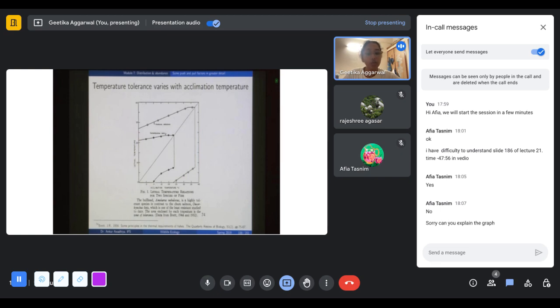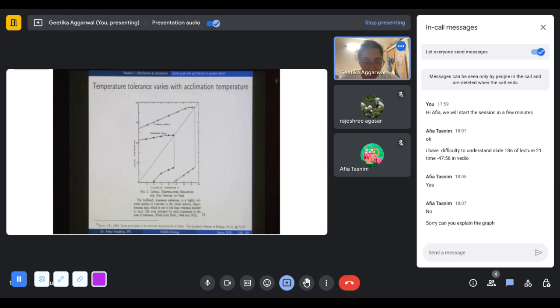So what this graph is showing is that a species which has low acclimation temperatures consequently has low lethal temperatures. And if the acclimation temperature of that particular species, or the tolerable temperature, is high, the lethal temperature is also high. So it is saying the bullhead is a highly tolerant species in contrast to the chum salmon.